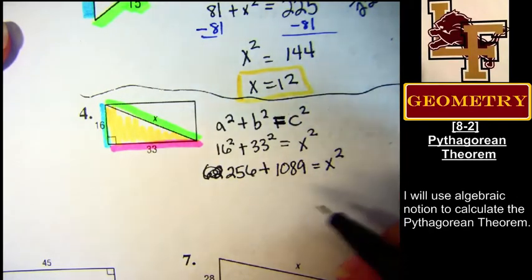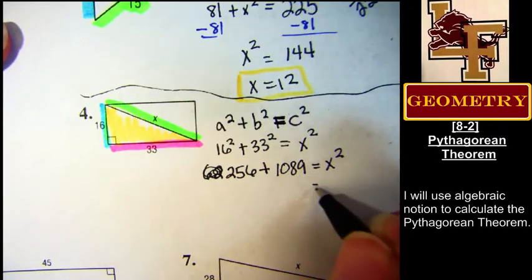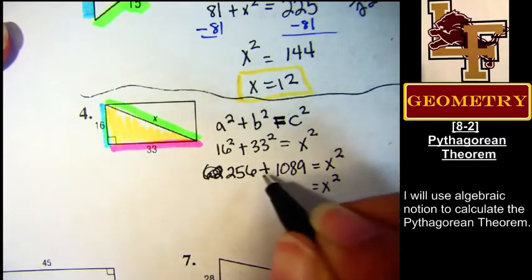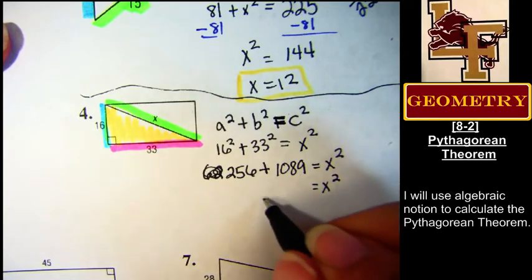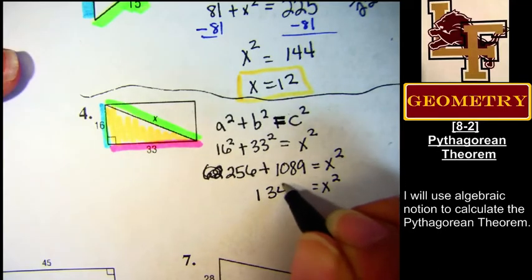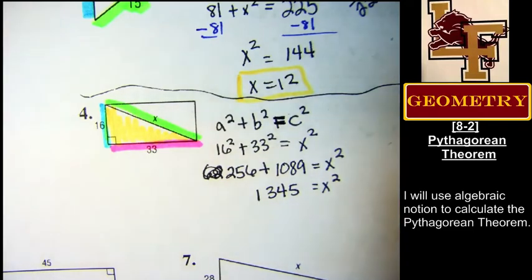All right, I need to add these two together. 1,345? All right. And then if I take the square root of that number, it's probably not going to be a whole number.